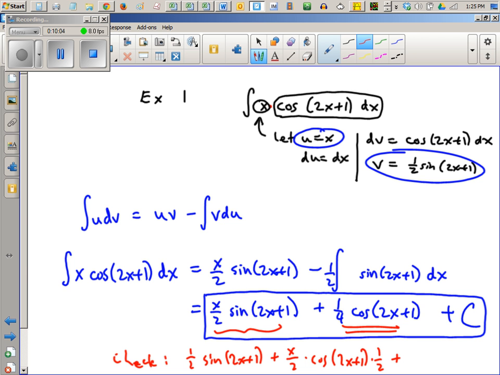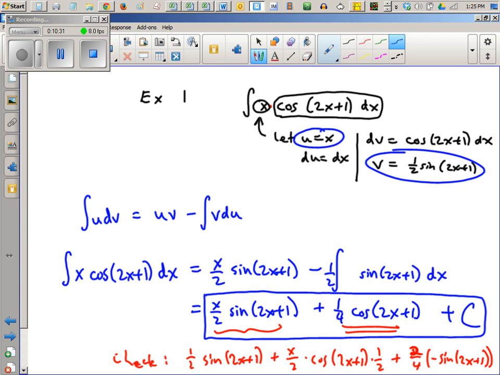I'm just taking the derivative. All of this stuff was just the derivative of the first term. And the derivative of that second double underlined term is 1/4 times negative sine 2x plus 1 times 2 from the chain rule, so I'll make this 2/4.